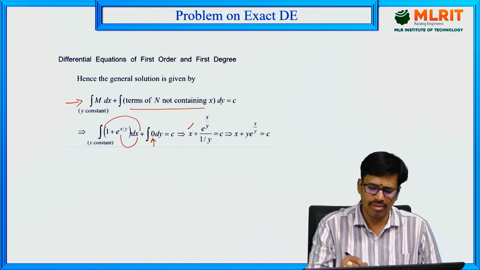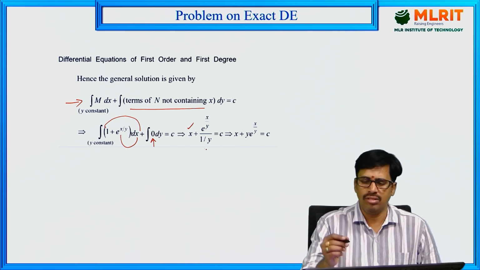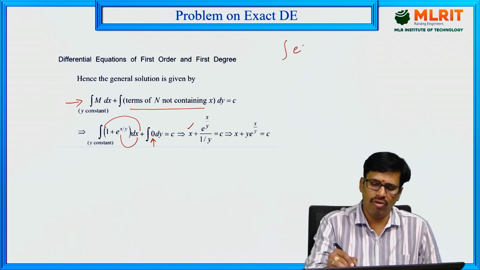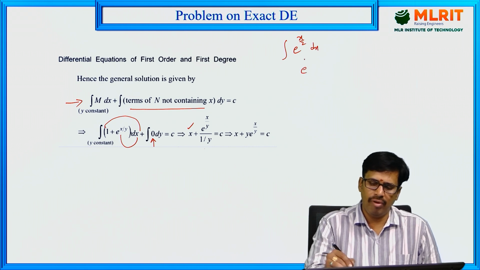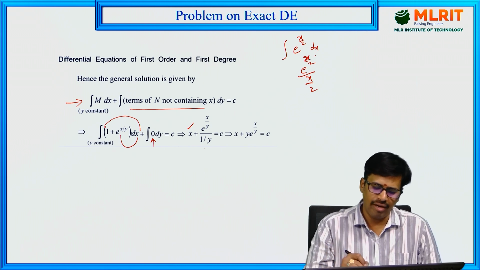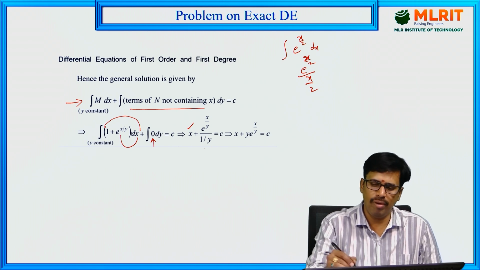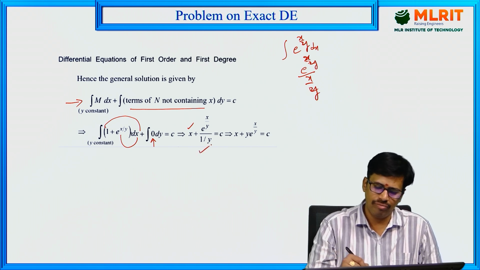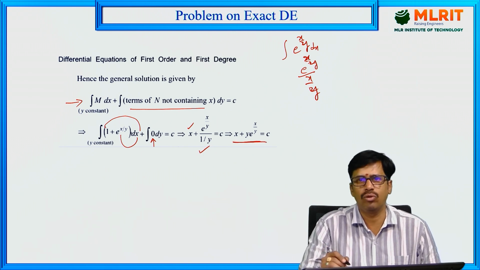Assume e power x by 2 dx, so e power x by 2 by 1 by 2. Why am I taking x by 2? To make it clear. Here 2 is constant, here y is constant. So in place of 2, if you make it y, we get this value. So this is x plus y into e power x by y equal to c.